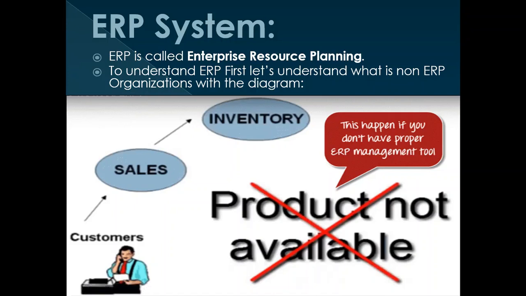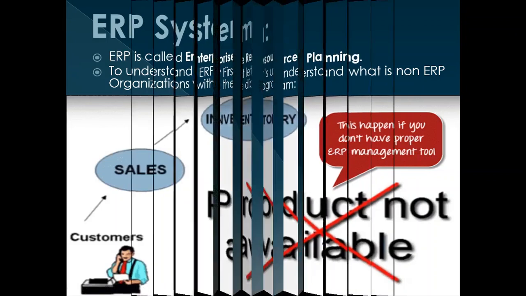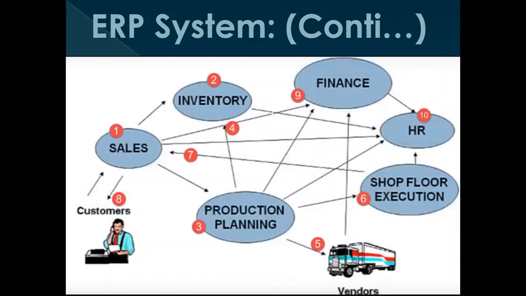Now the sales department went to inventory and asked how much inventory of raw material we have to produce how many cars. Inventory doesn't have any information, so production is not available. This happens if you don't have a proper ERP management tool.